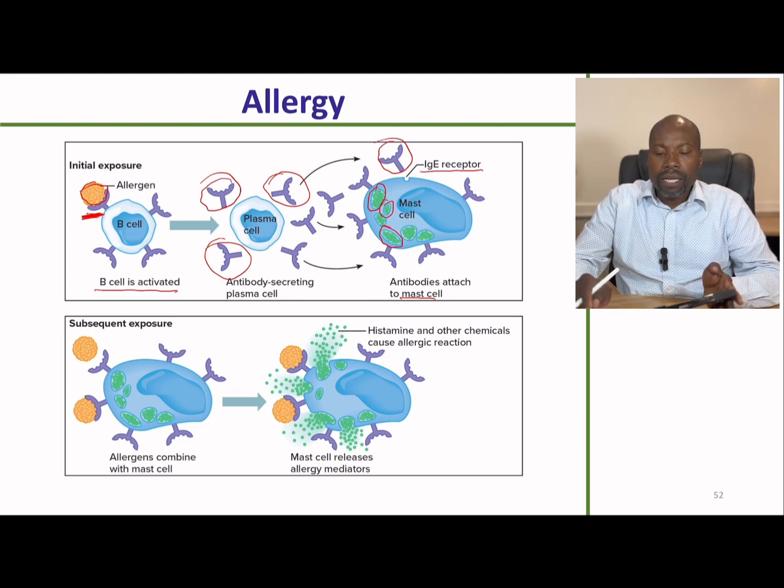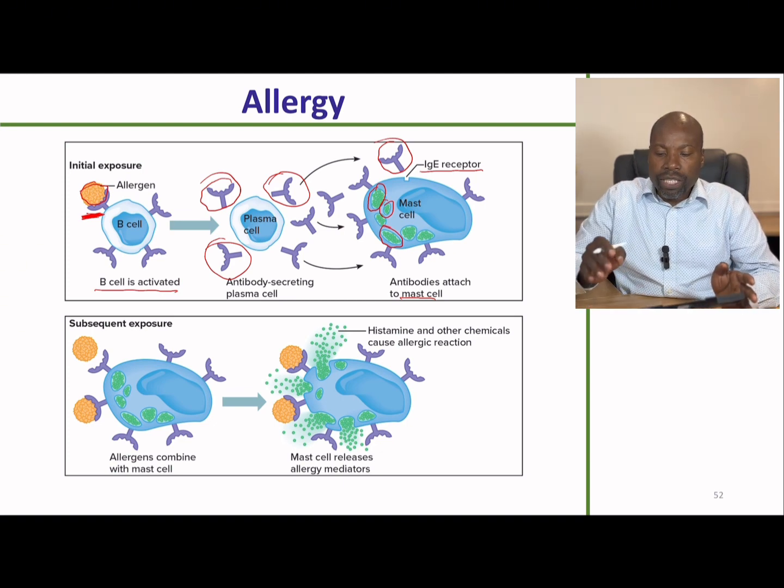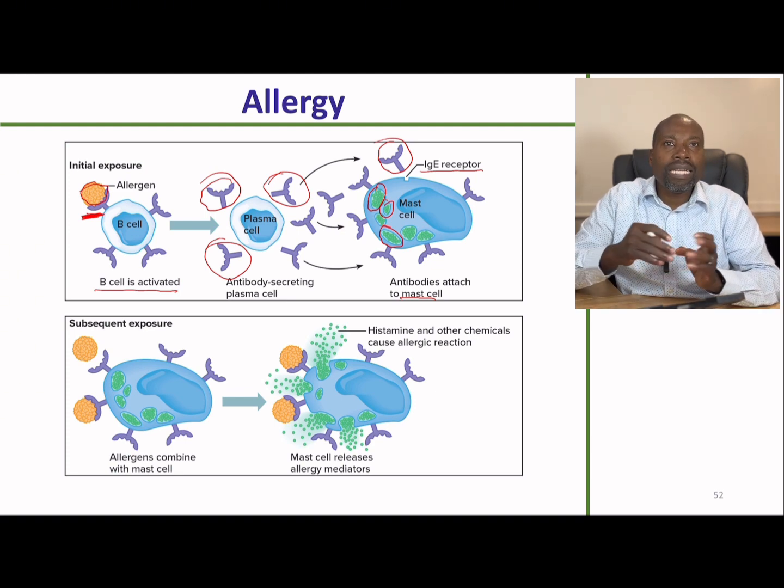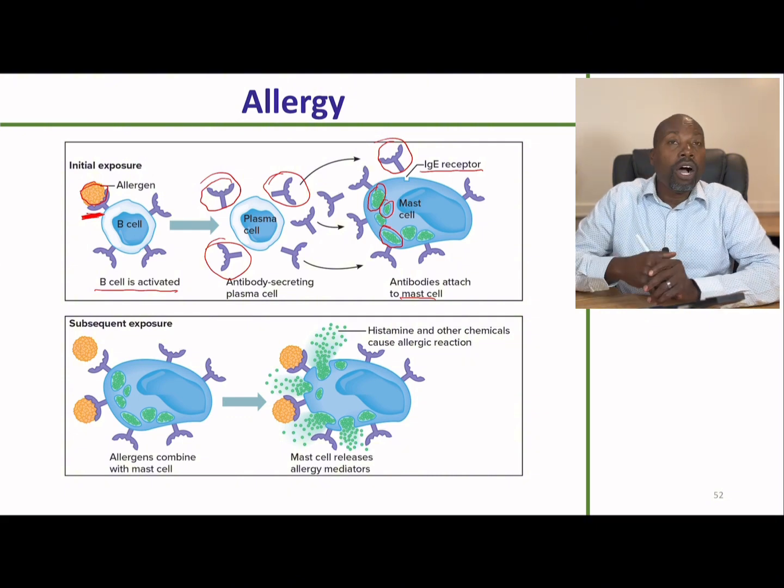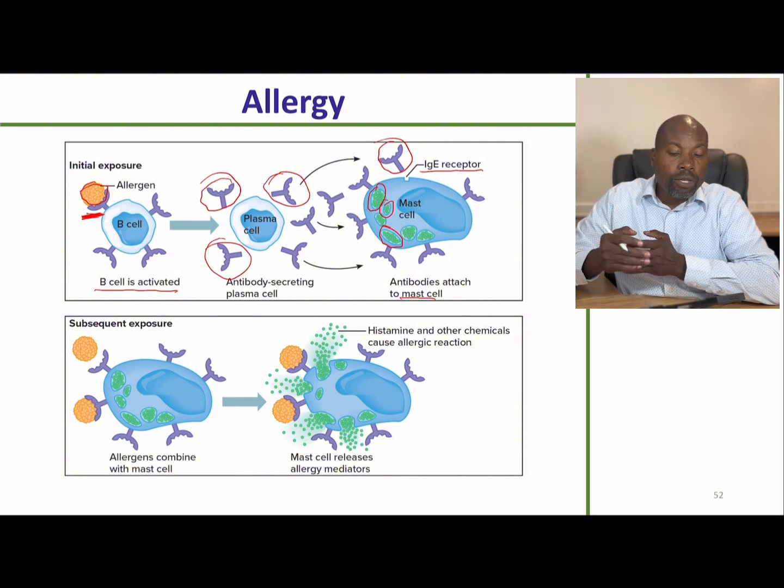However, these allergic factors are not just going to be released right away, right? You have an activation of mast cells because of the attachment of antibodies on the IgE receptors.